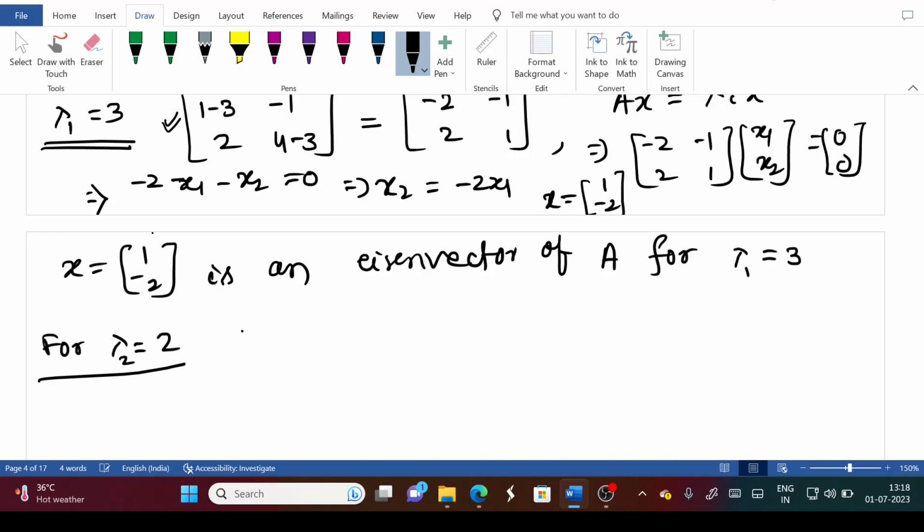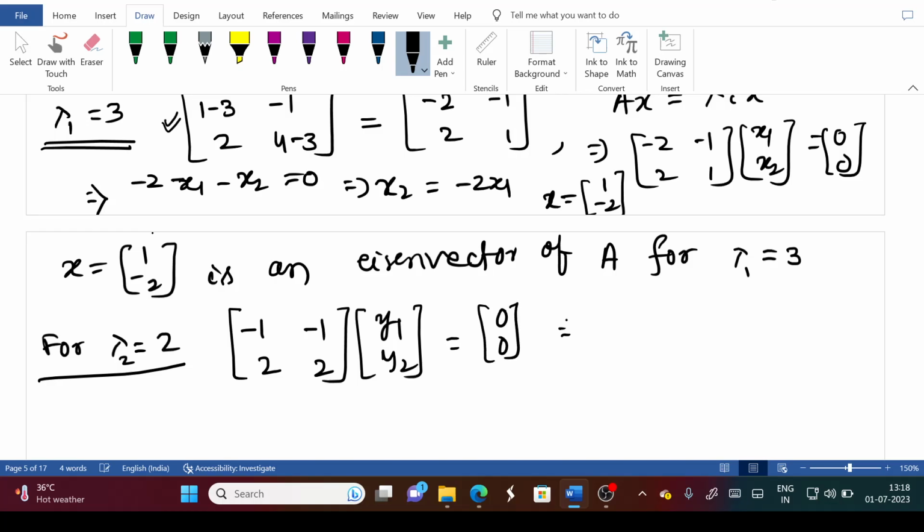So we are getting [-1, -1; 2, 2] into [y1, y2] is equal to [0, 0].